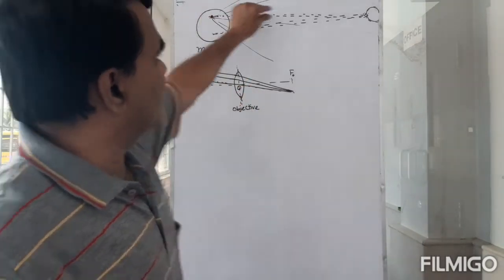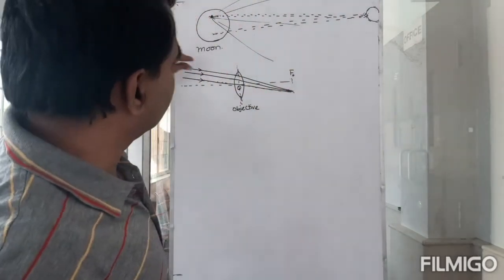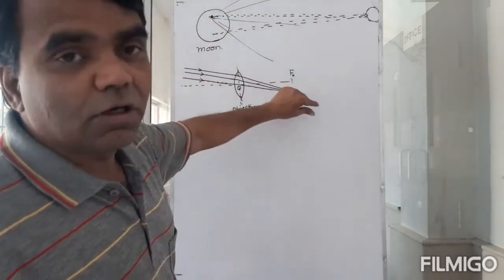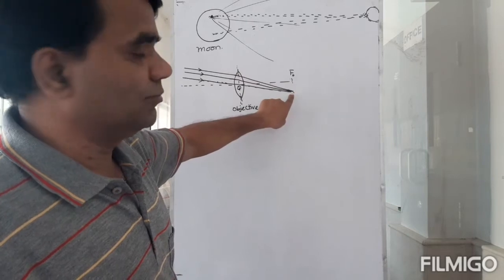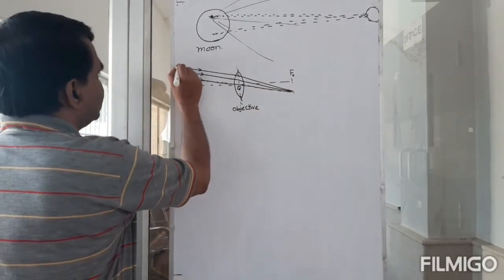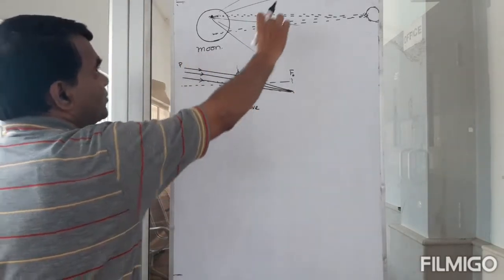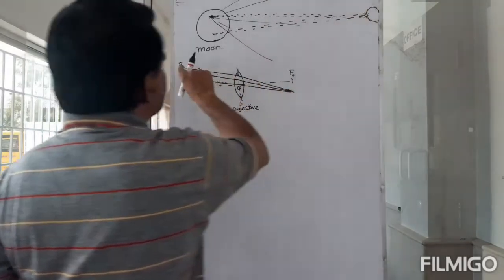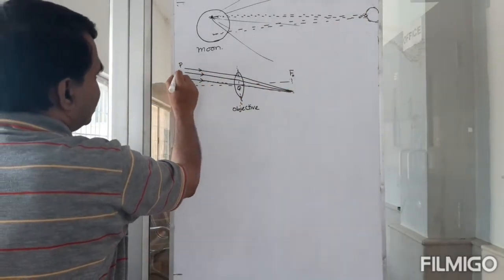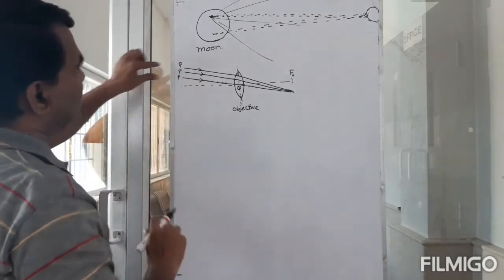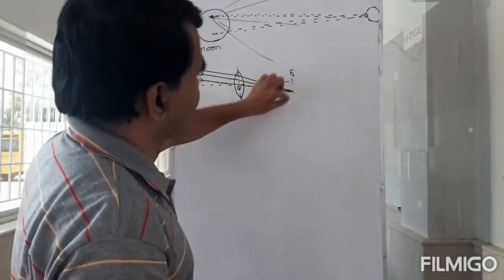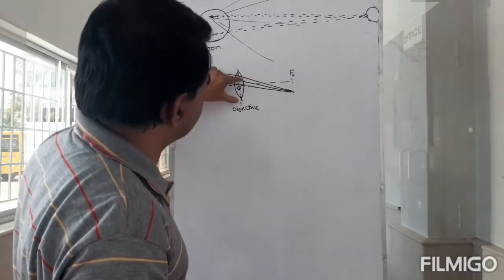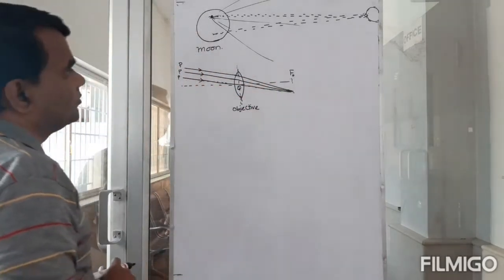So all these parallel rays from that particular point are going to converge here. So this is point P. If these are rays belonging to point P, so this is also point P, all these rays will converge here. Okay, all the other rays from the point will again converge here.